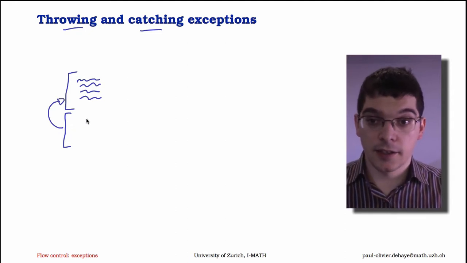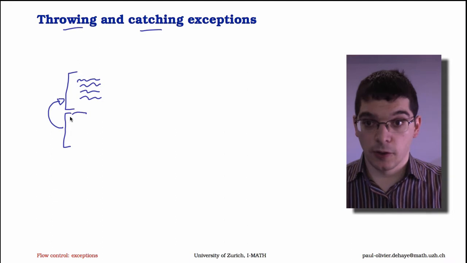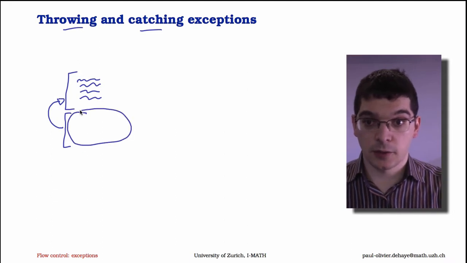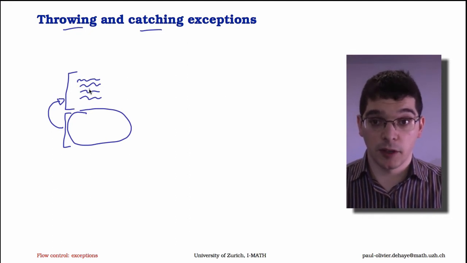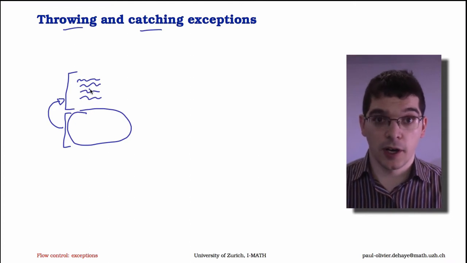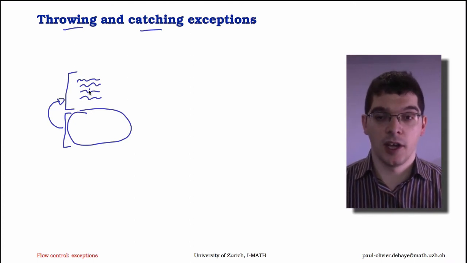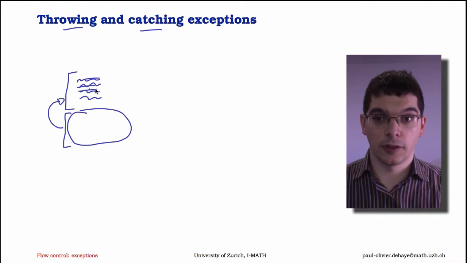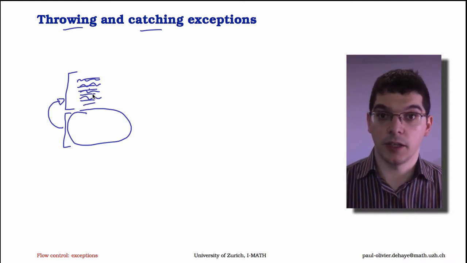Okay? And this block of code over here is meant to catch an exception if the exception is thrown within this block. And if the exception is thrown within this block, then you don't get all the way to the end, or you don't execute a return or anything. An exception is thrown, and suddenly the whole flow that was supposed to happen here is completely forgotten.